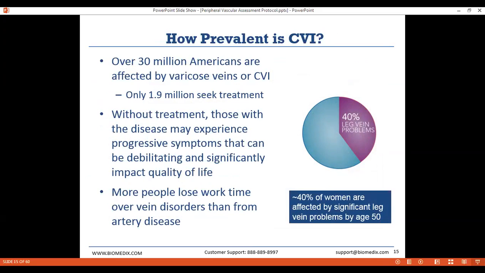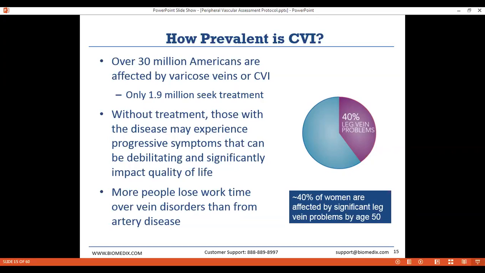This disease affects approximately 30 million Americans, about 1 in 10. However, only a small fraction of those patients ever seek treatment. There are a variety of misconceptions about CVI, which prevent patients from seeking treatment. So only about 2 million of the 30 million Americans are ever going to seek treatment for their CVI.